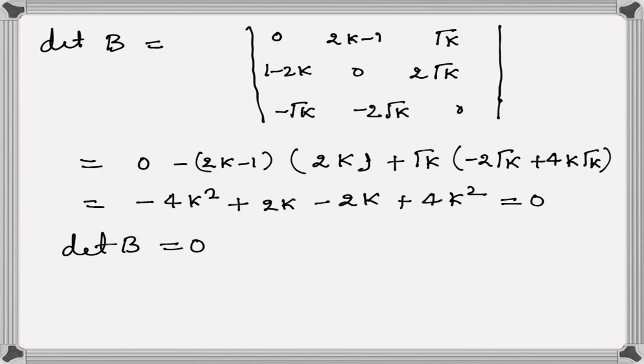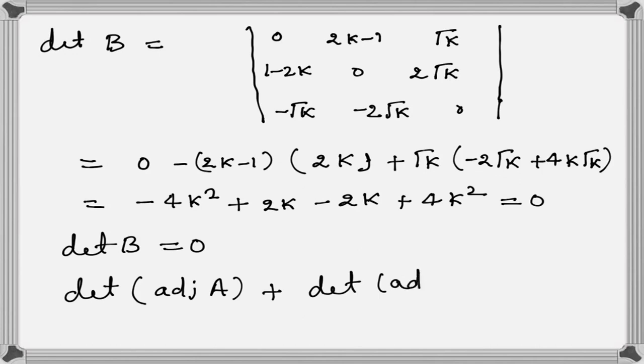So we have a relation which is given: determinant of adjoint of A plus determinant of adjoint of B is equal to 10 to the power 6. We know the relation between determinant of adjoint A and determinant A. Given A is a 3 cross 3 matrix, determinant of adjoint A is determinant A square.